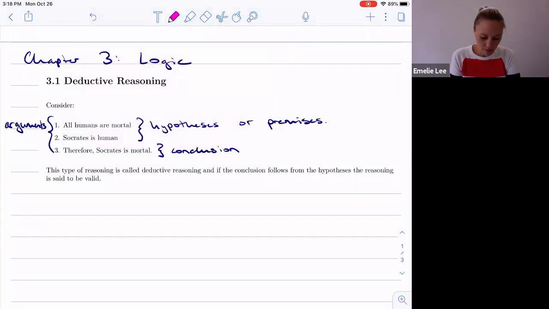If we're establishing that all humans are mortal, okay, fine, everyone agrees.